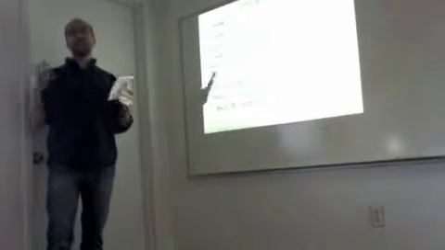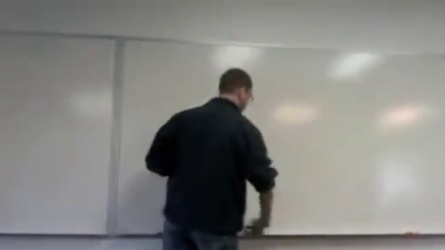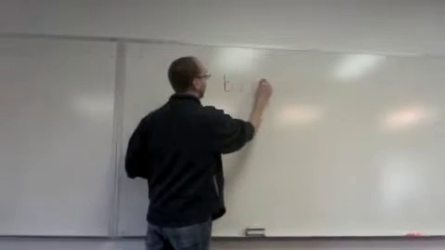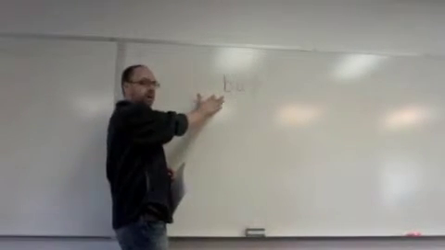Okay, so today what we're going to do, we're going to continue blending sounds together. So last week, you remember, we blended the short vowel sounds, right? So for example, this is a B sound, ba.